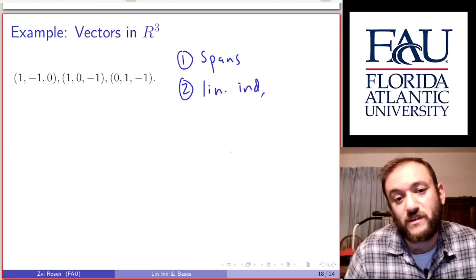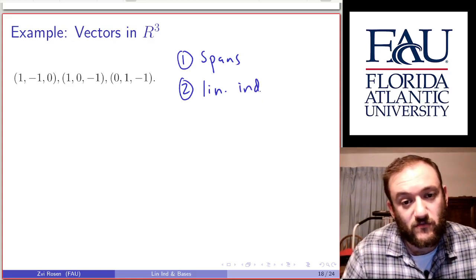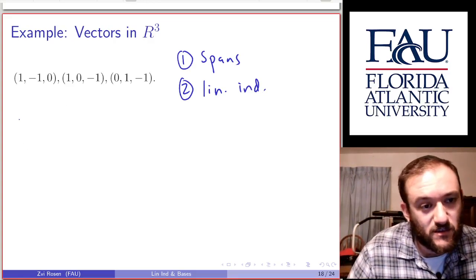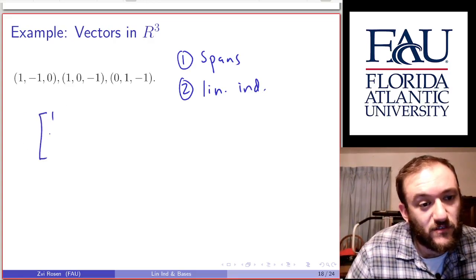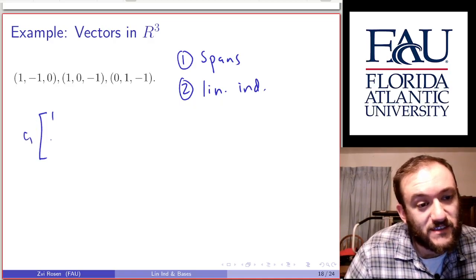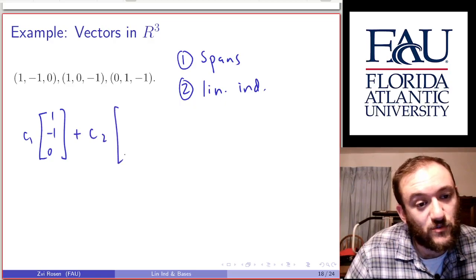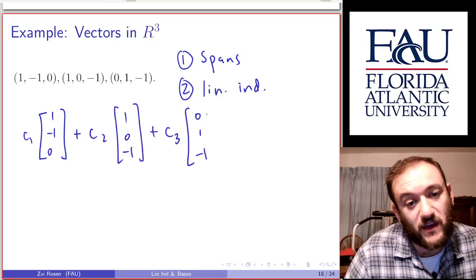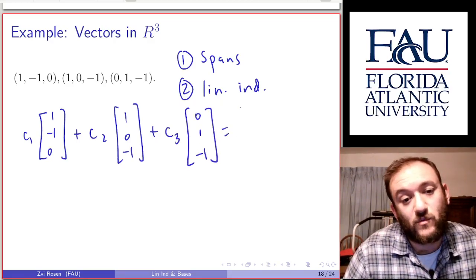So we're going to use the trick from the last computation we did, by setting everything up in terms of matrices. So here we have the idea that C1 times (1, -1, 0), plus C2 times (1, 0, -1), plus C3 times (0, 1, -1), equals (0, 0, 0).